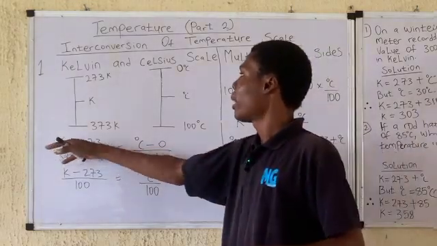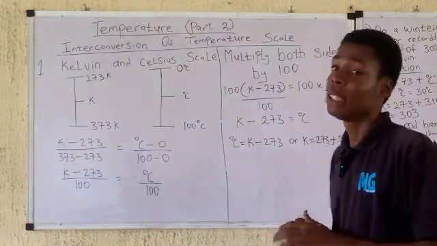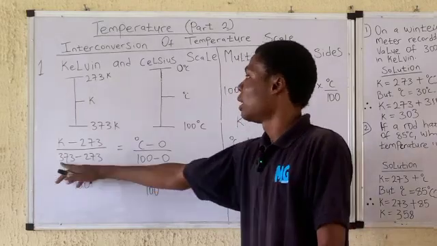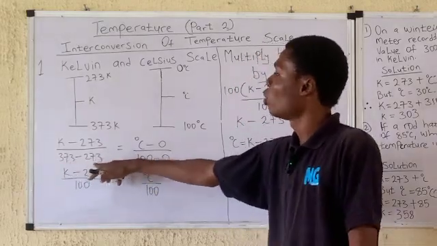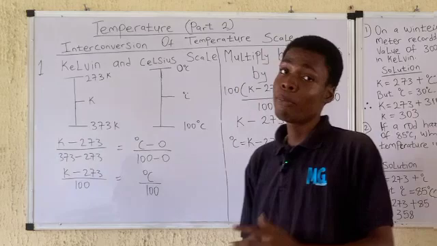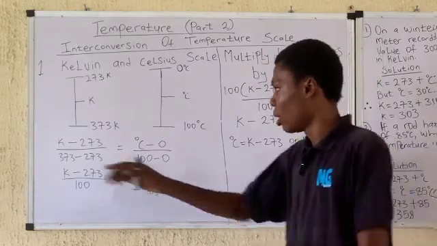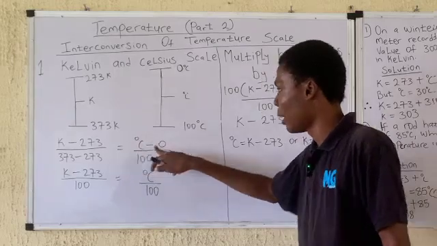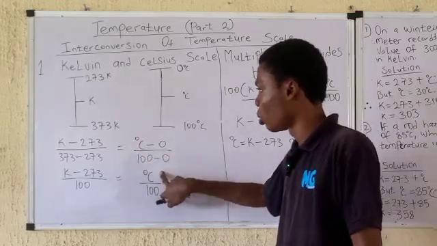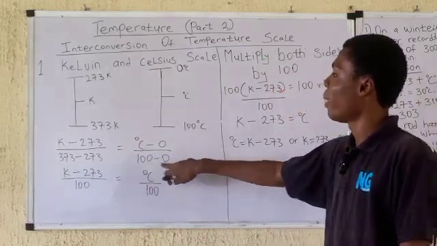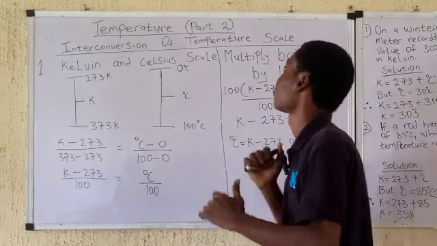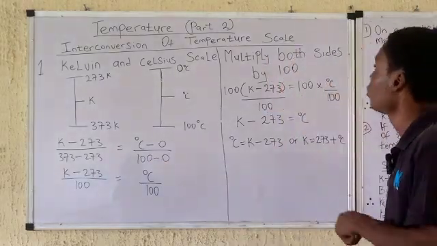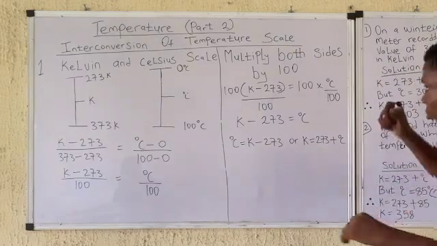So K minus 273, divided by 373 minus 273, equals degrees Celsius minus 0, which is degrees Celsius, divided by 100 minus 0, which is 100.